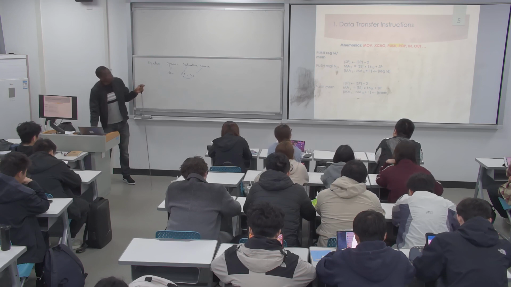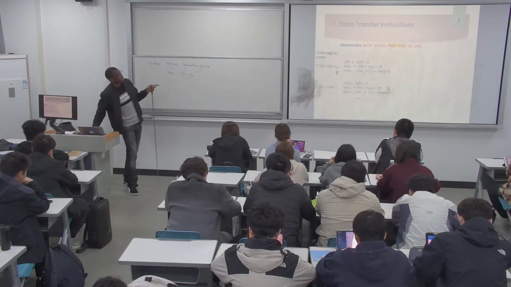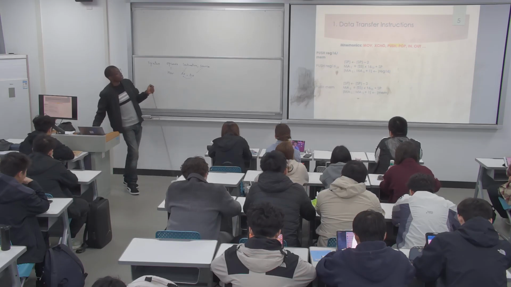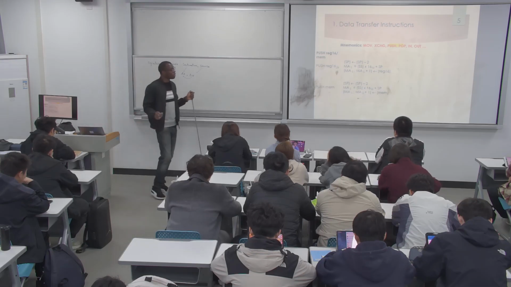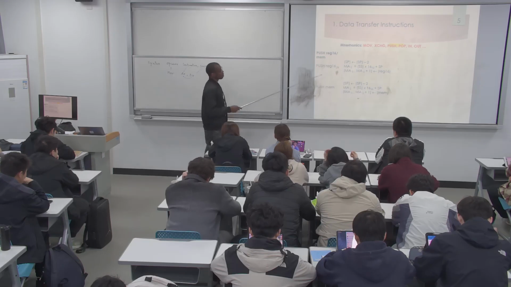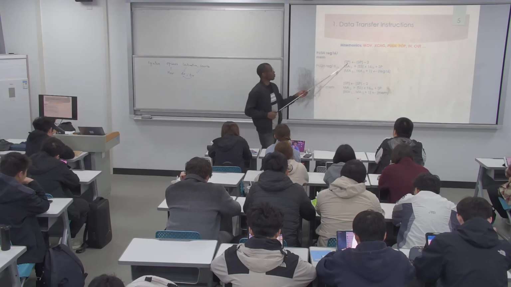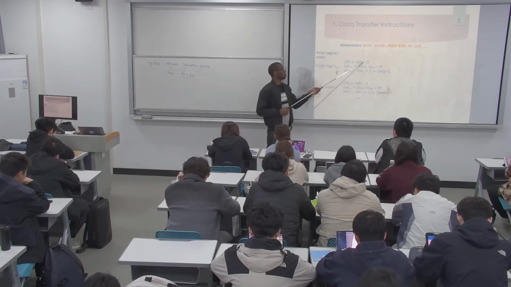For a pop, it has to remove data from the stack, and this SP will be increased, updated by 2. Now, we can push 16-bit data onto a stack. Our SP will be updated by decrementing by 2.